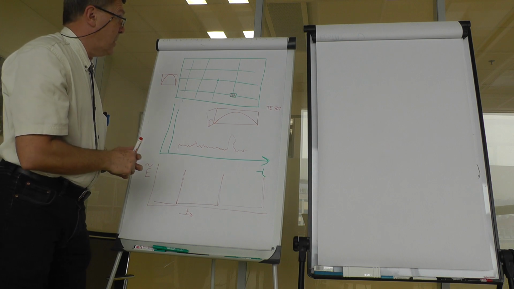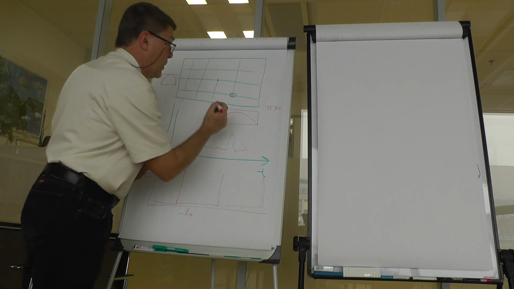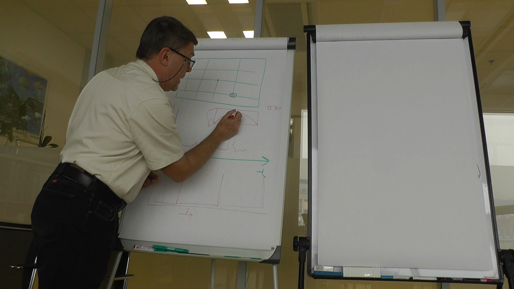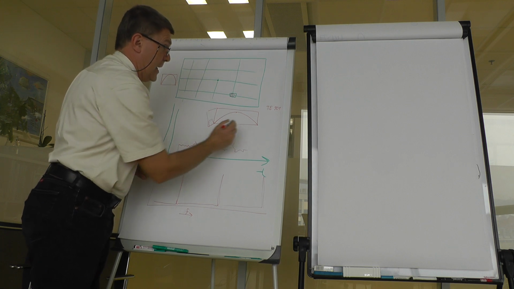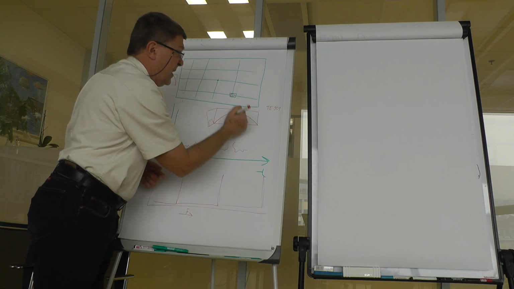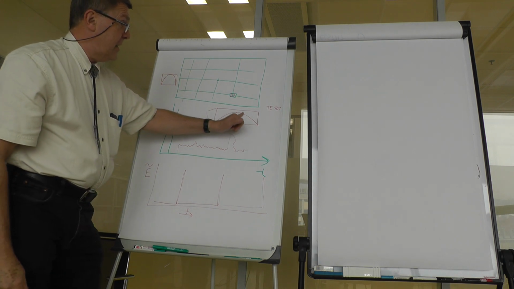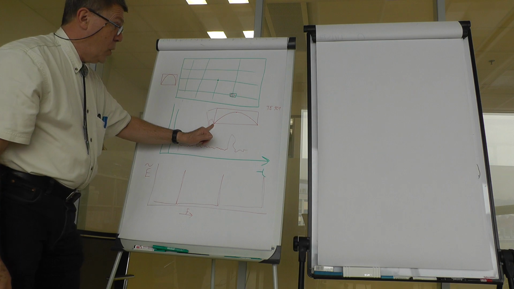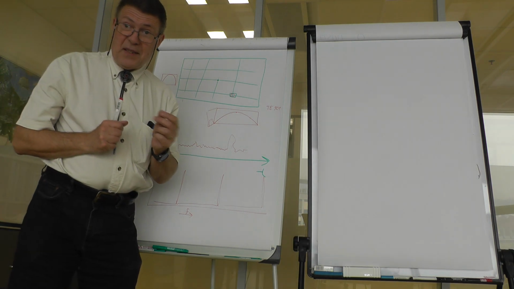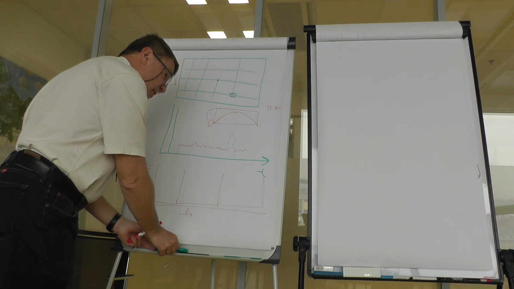And this is simple. If I feed the cavity over here, and I read the data over here, I would get this mode. What is the next mode of this structure? Well, I will draw it in green.